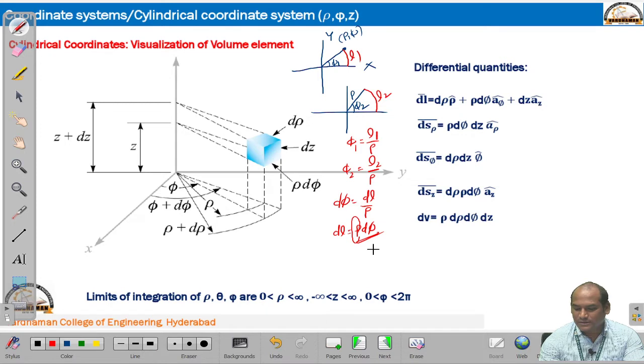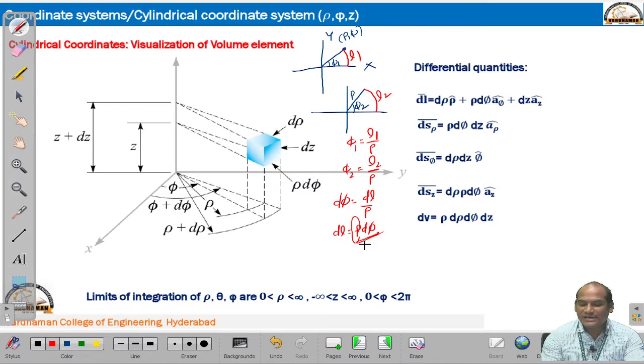And if you change in the rho direction, dl is d rho a rho only. But if you change phi, what is happening here? We are not getting just d phi a phi, we are getting rho d phi a phi. That is the observation we have to make.